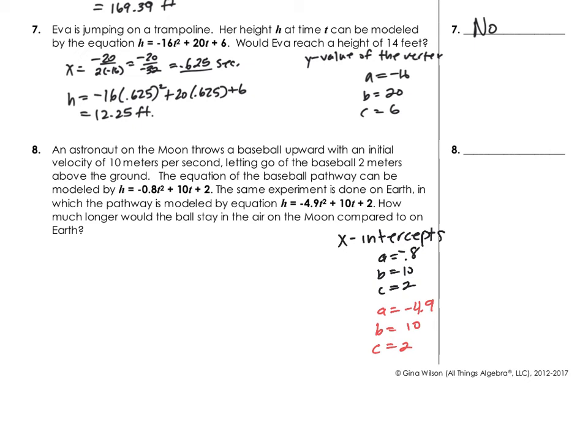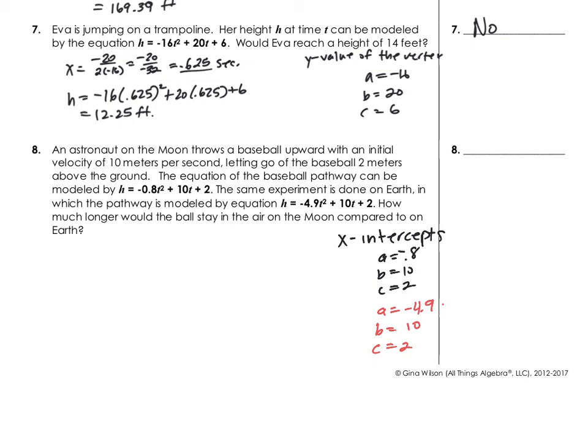And that should make sense because A affects how stretched the quadratic graph is. If it's greater than 1, you know it's stretched. If it's between 0 and 1, it's compressed. And so I know that this graph is going to be much more stretched than this graph, okay? Just based on the A value. All right.